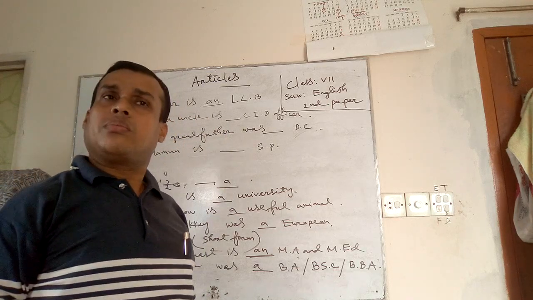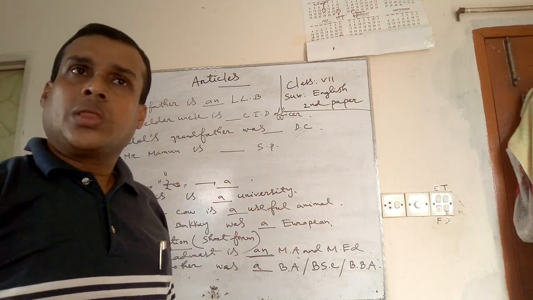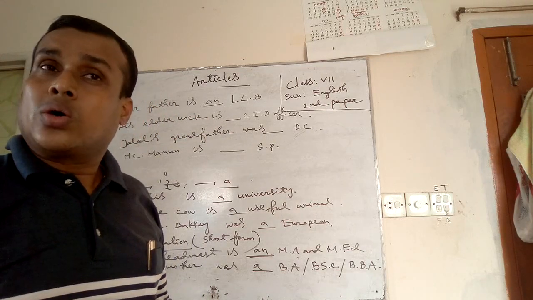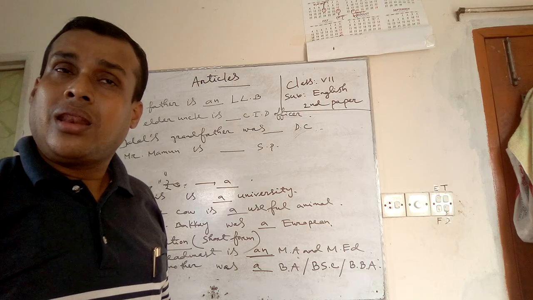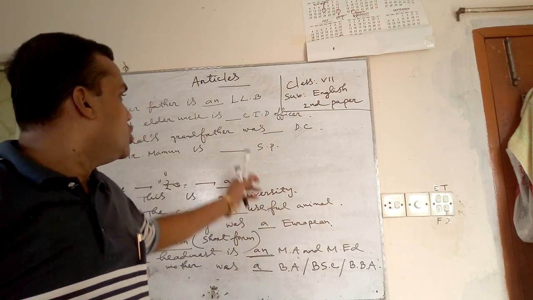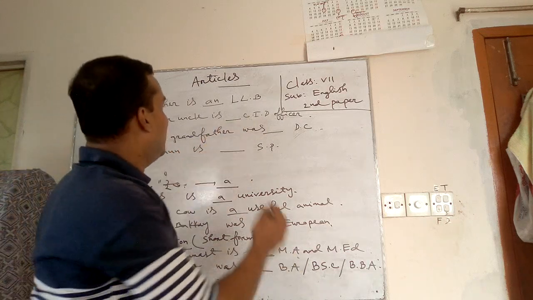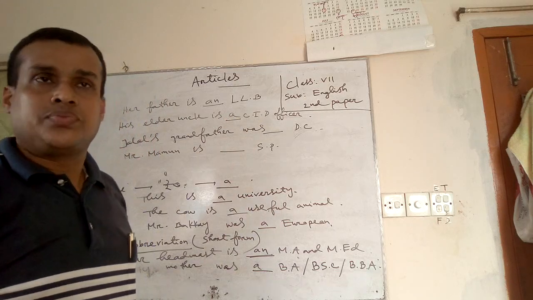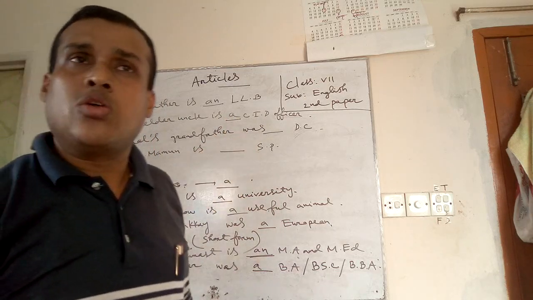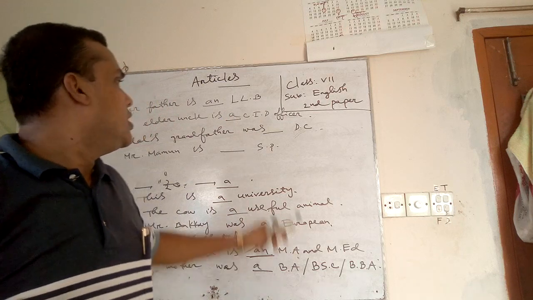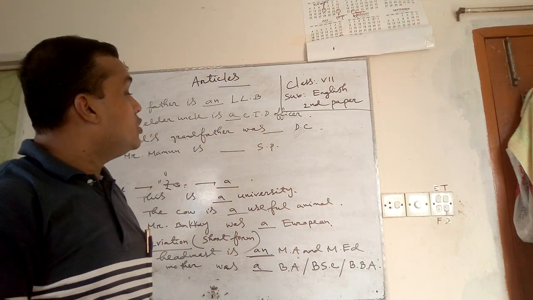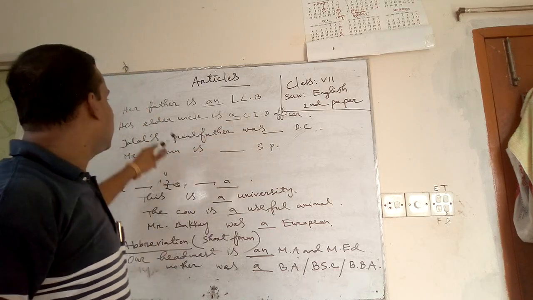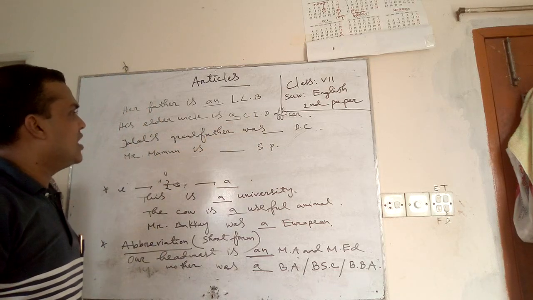You utter the letter C elaborately, "see". There is no vowel sound at first, so we should use a. We should use article a. CID. Next example, Jalal's grandfather was DC.